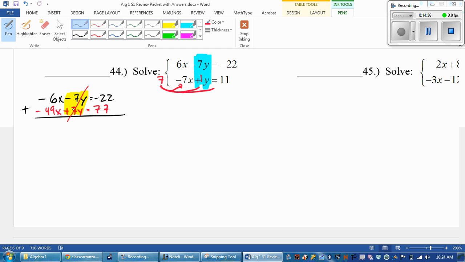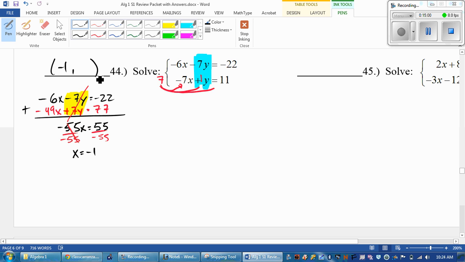And then we're left with negative 55x equals negative 22 plus 77 is 55. And then since the x is not by itself, we're going to divide both sides by negative 55. And we get that x equals negative 1.